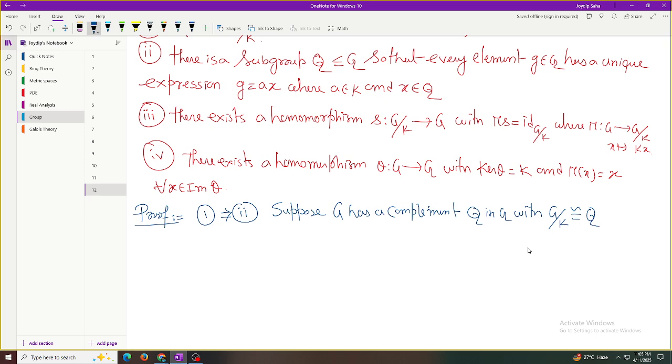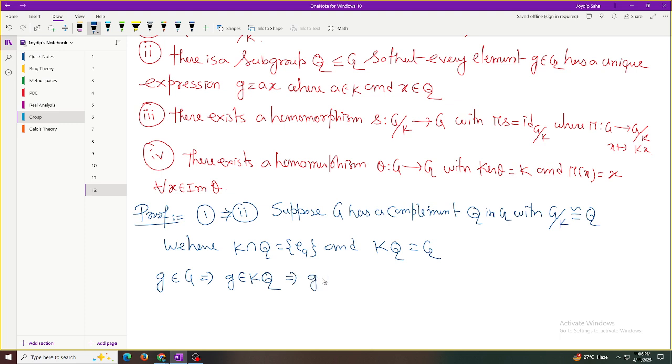Now I have to show that this expression is unique. For every element we have K intersection Q equals identity and KQ equals G. So g belongs to G implies g belongs to KQ.